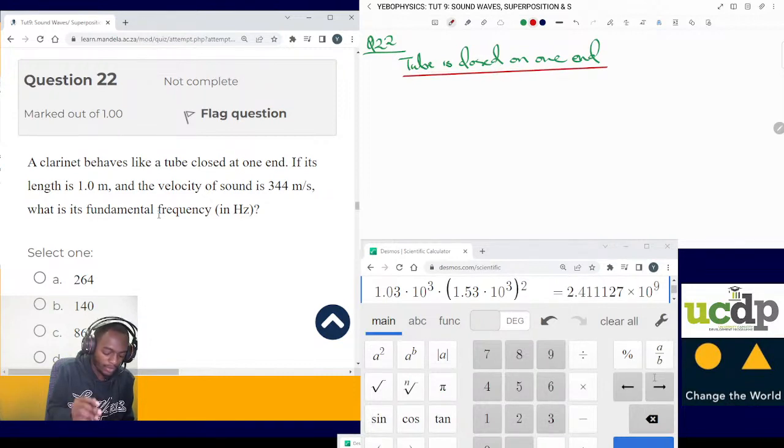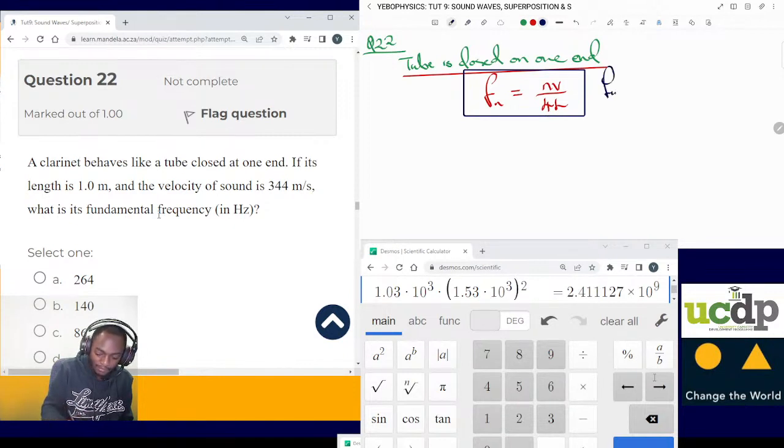The tube is closed on one end, so we should recall our equations for a tube closed on one end. F subscript n equals nv over 4L. It would be 2L if it is closed on both ends.